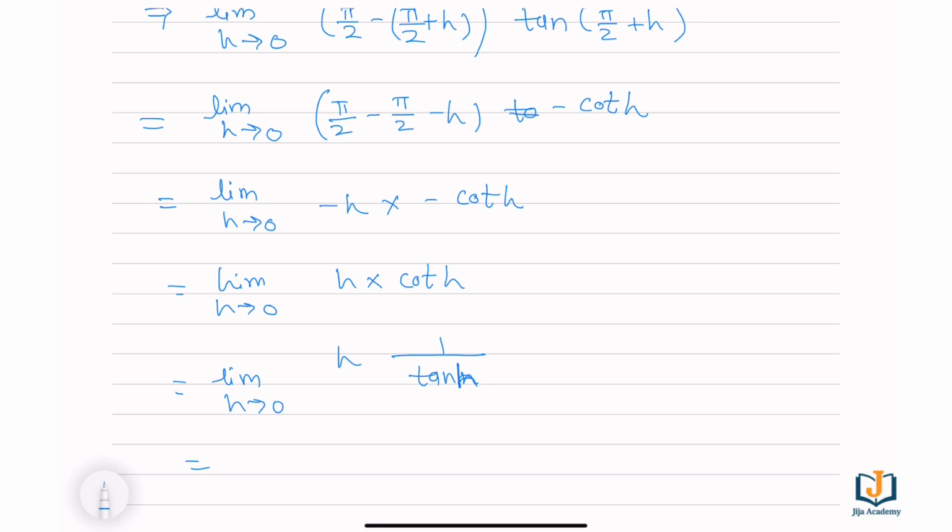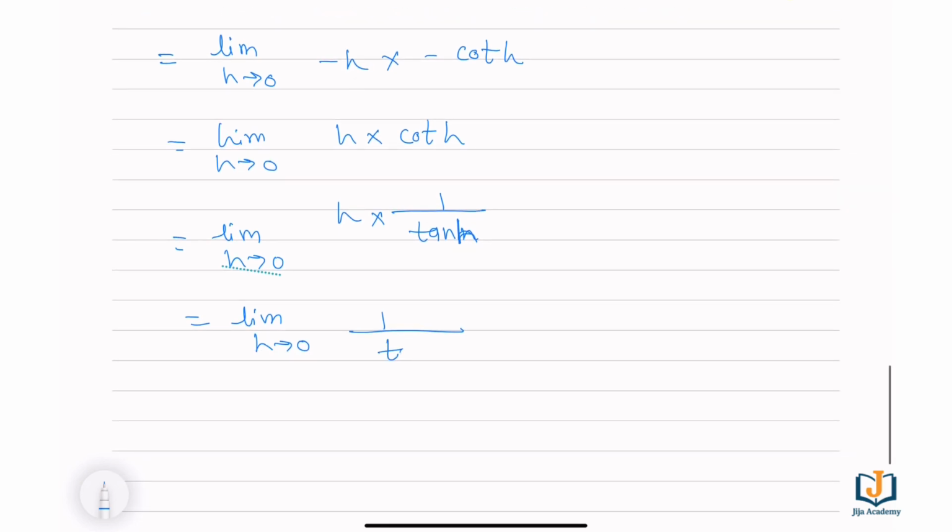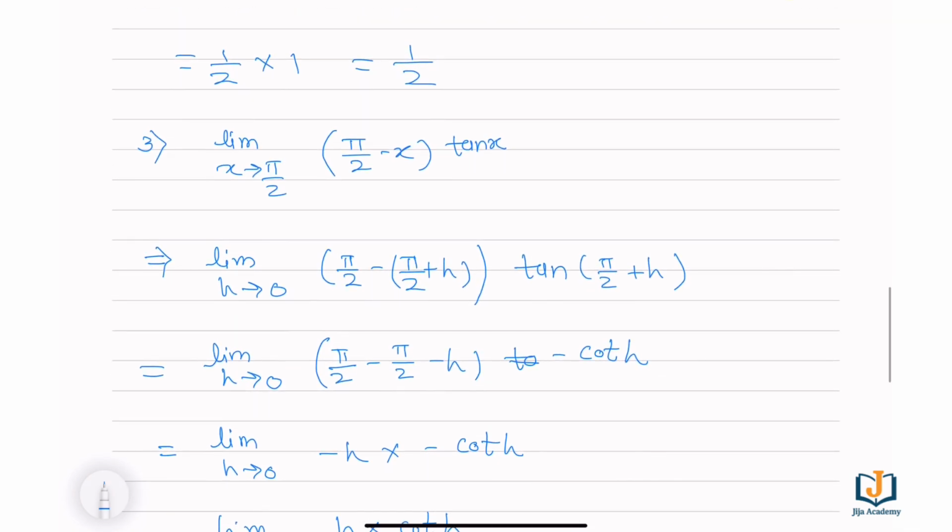So the limit as h tends to 0 of 1 upon tan h upon h, that is 1. Answer is 1.